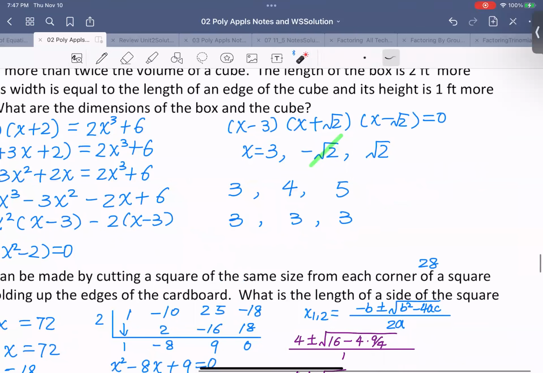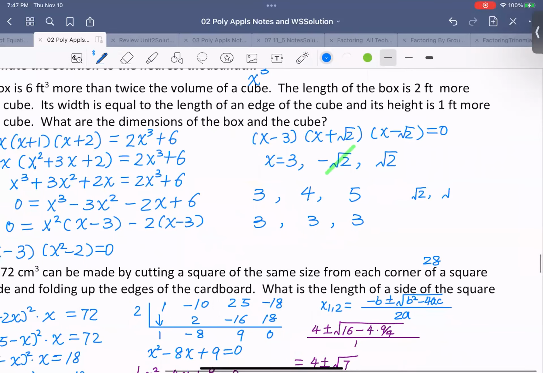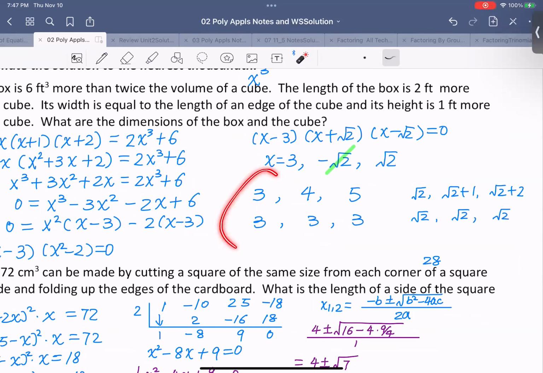The second choice is you have square root of 2, square root 2 plus 1, and square root 2 plus 2. And for the cube, square root 2, square root 2, square root 2. Okay, that is your answer. This is the box, and this is for the cube. That makes sense, right?